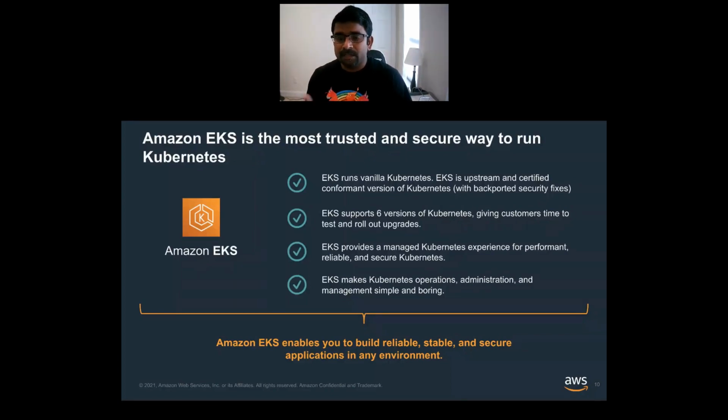Currently EKS supports about 6 versions of Kubernetes, I believe from version 1.16 to version 1.21. This gives customers the ability to manage rolling out upgrades between the versions. We also backport the security patches and fixes across these versions to provide a consistent experience to customers. We even support versions that are no longer supported by the open source community.